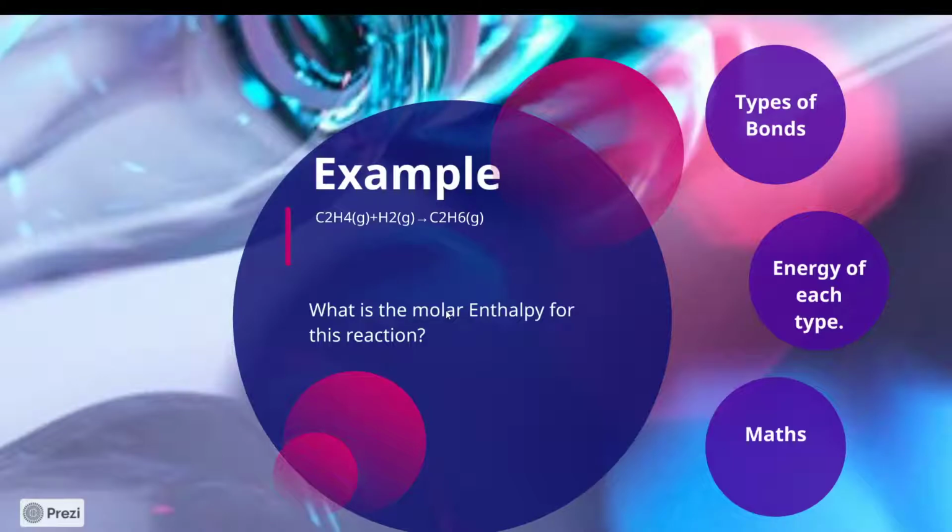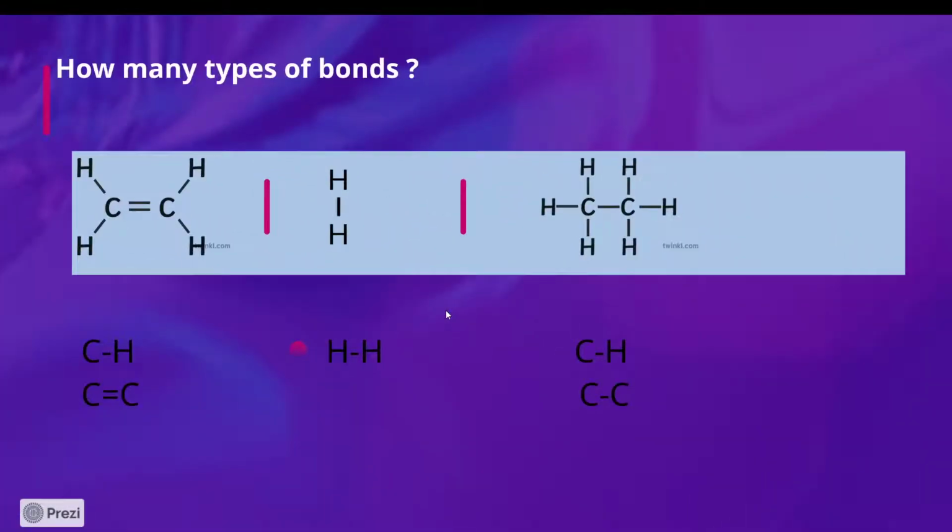All right, and this says that we're going to go ahead and take C2H4 gas. We're going to add H2 to it, and we're going to get C2H6, and that also is going to be a gas, all right? And then we're going to ask, what is the molar enthalpy for this reaction? Okay, so we're first going to take a look at the types of bonds, okay?